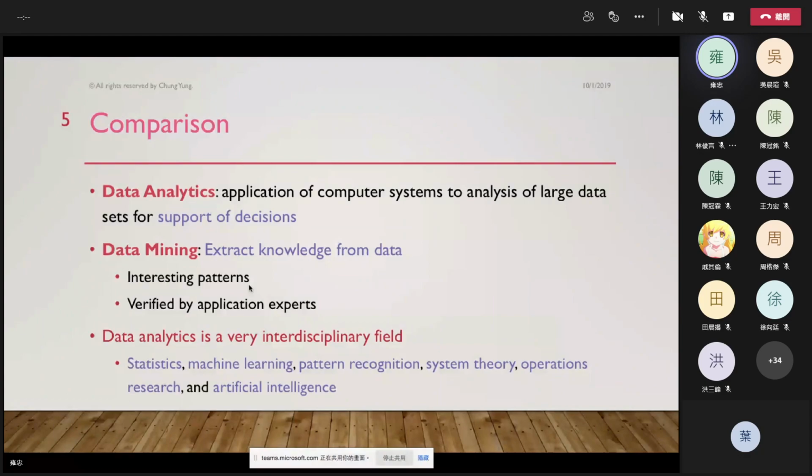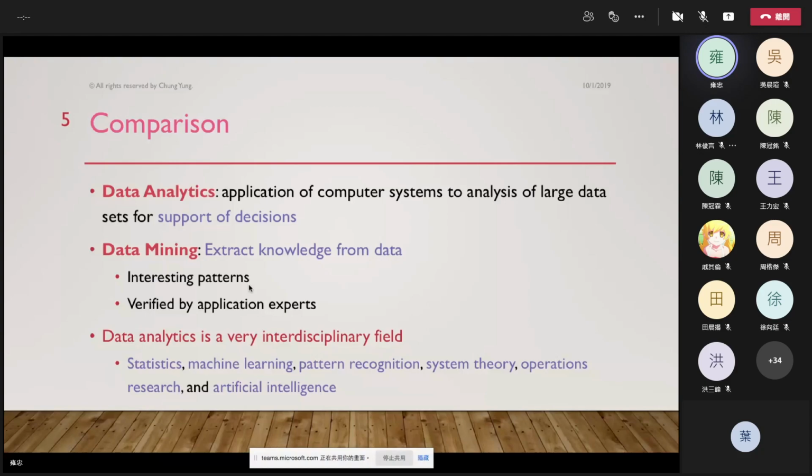Another technology is called data mining. It's a very popular technology we discuss a lot in modern computer science areas. For data mining, the purpose is to extract knowledge from data.